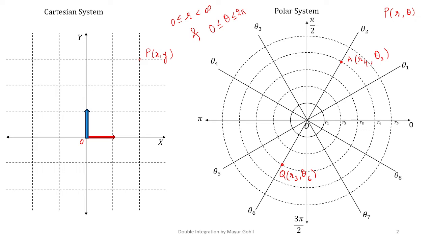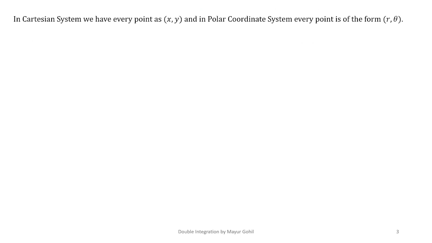Let us go further to understand the relations between the polar system and the Cartesian system. In the Cartesian system we have every point as (x, y), and in the polar system every point is of the form (r, theta).